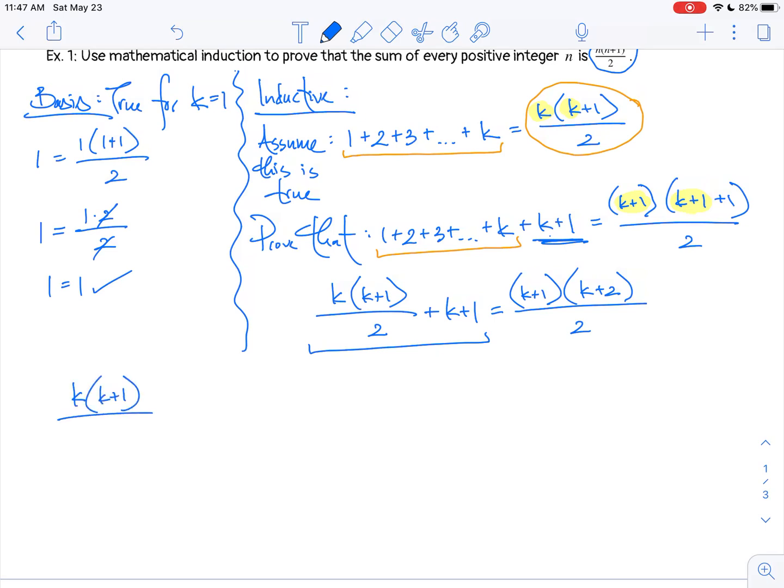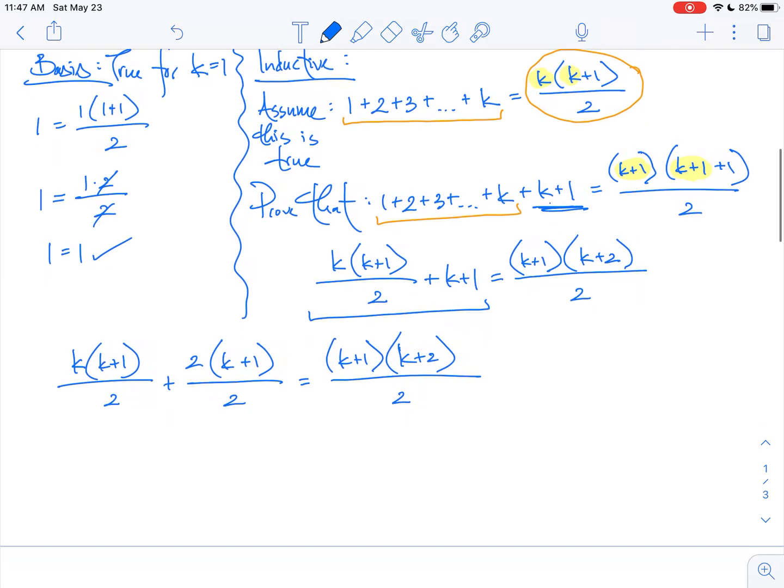So k times k plus 1 over 2 plus, if I want k plus 1 to have a denominator of 2, I better multiply the top by 2 as well, so I don't change that. And we want to show that that's equal to k plus 1 times k plus 2 over 2.